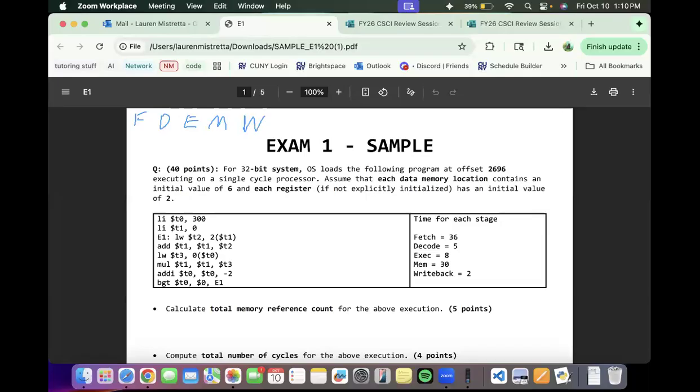These are extremely important to know because you're going to do a lot of going through these steps, whether it's in a single cycle processor, where it's just one instruction at a time, or a pipelining processor, which is when we're able to overlap these a little bit more.